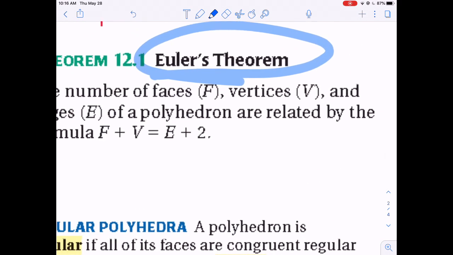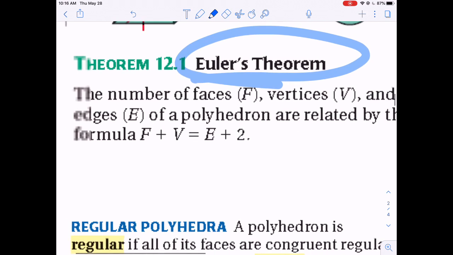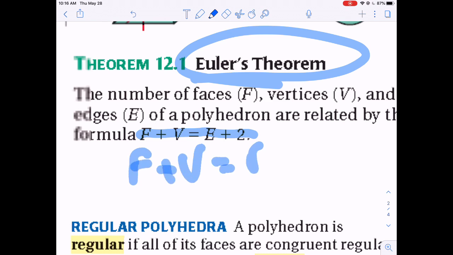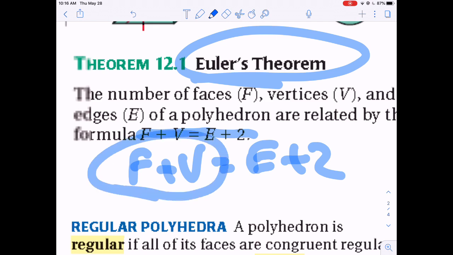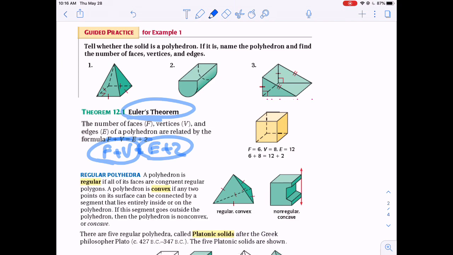And there's a formula right here. It's F plus V equals E plus 2, meaning all the faces plus all the vertices equals the edges plus 2. So we'll give you the numbers, and they should add up to be a balance. We'll try one here in a moment.